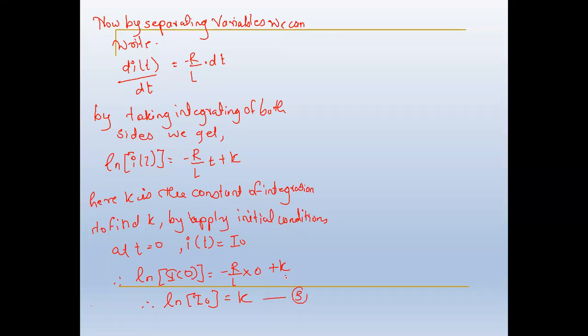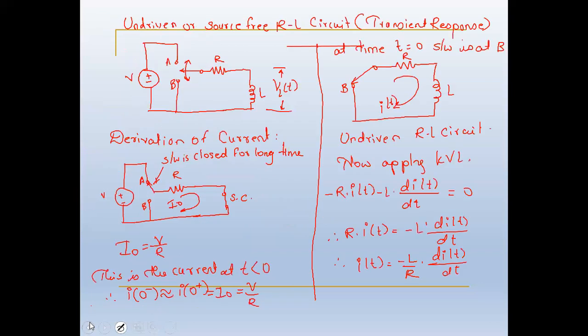This one is equation number 3, this one is 2, and the initial one we have defined as the first one, that is I of 0 is equal to I0 is equal to V by R. Let us call this equation 1.